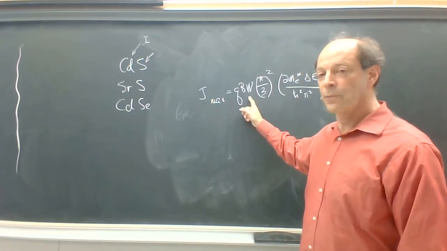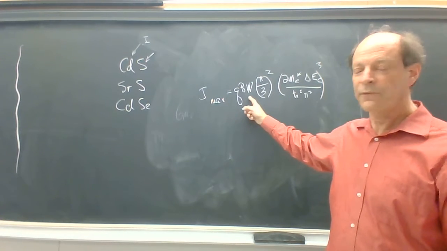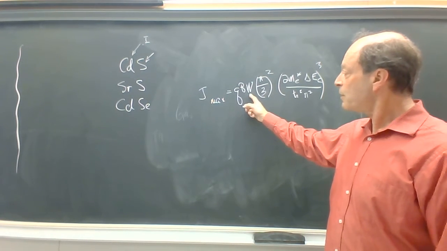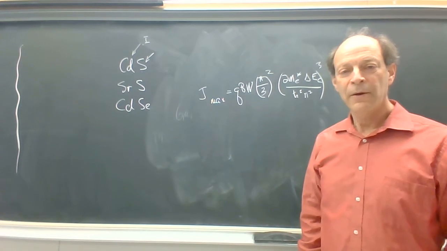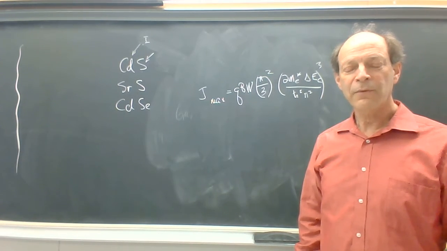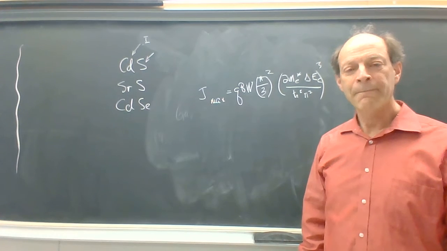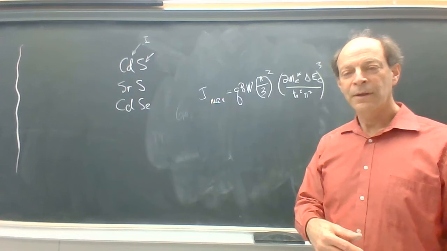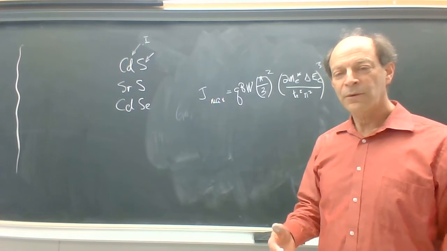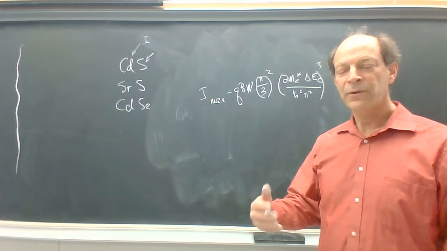You can see the well width in this equation, which we covered a few lectures ago, is one of the important factors in the maximum current that you can have that recombines in that well. And because the narrow well width limits that current, the solution turned out to be a multiple well system.